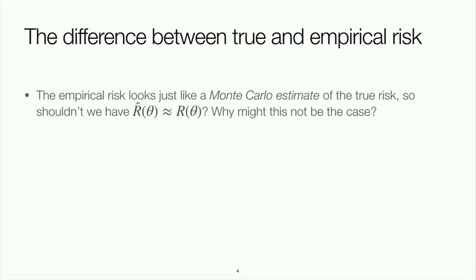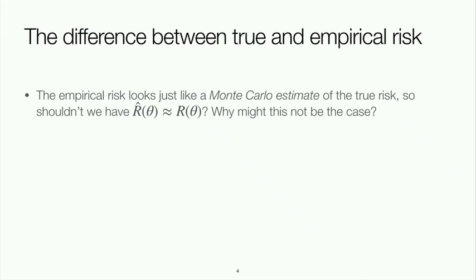So you remember in lecture 2 when we were doing math review, I talked about this concept of a Monte Carlo estimate, where if I wanted to estimate the expectation of a particular quantity, one way I could approximate that is by drawing samples from that distribution and then taking the average. So empirical risk, in many ways, looks just like a Monte Carlo estimate of the true risk.